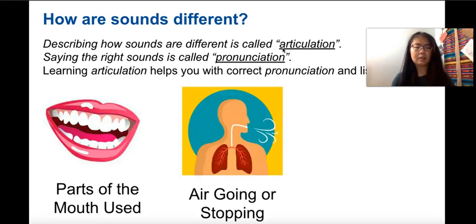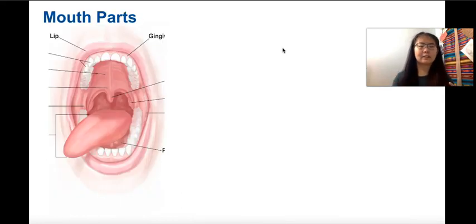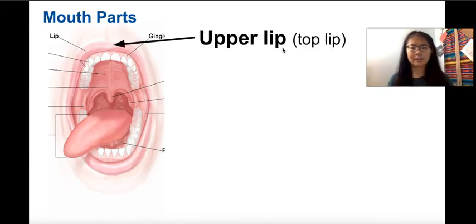We'll talk about what the air does that leaves our body, and something we call voicing, right? Sounds can be voiced or voiceless. So this is pretty detailed articulation. So first of all, mouth parts. We have our upper lip, right, or our top lip.